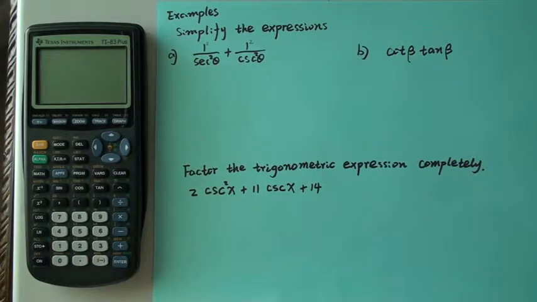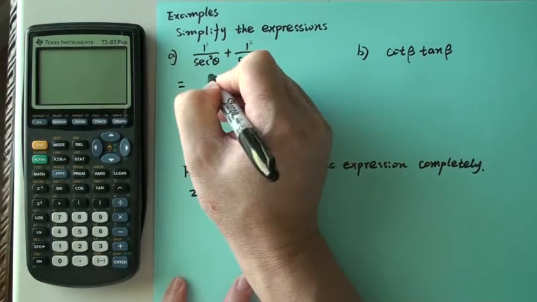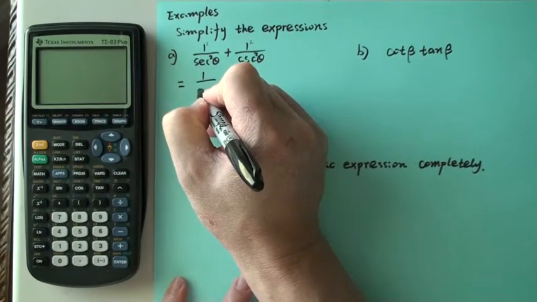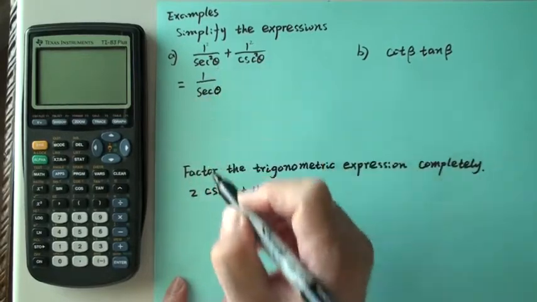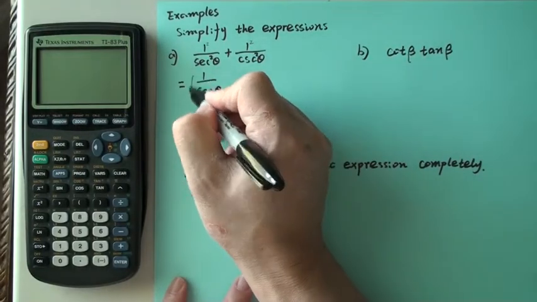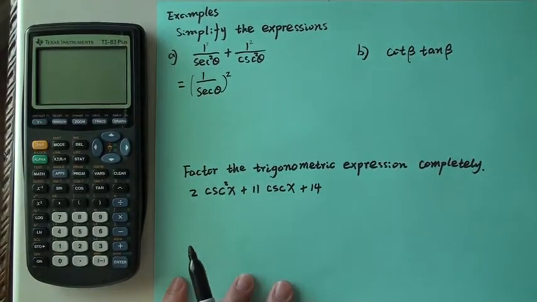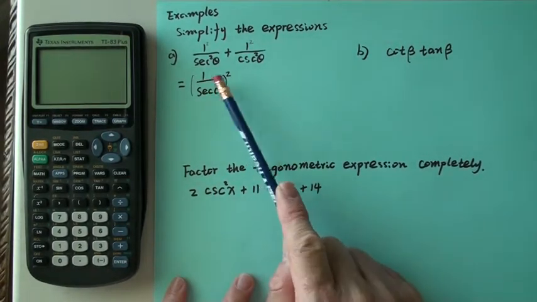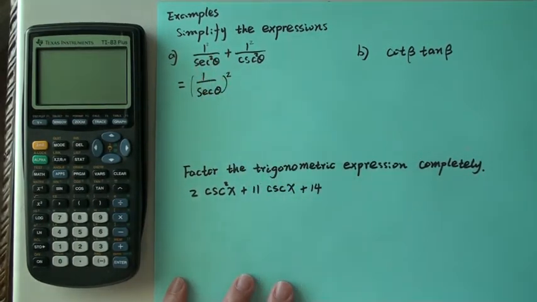And the reason I do that is that I know the first one, 1 over secant theta, then squared, equals 1 above, because square goes to 1, square goes to secant theta, then is exactly above.